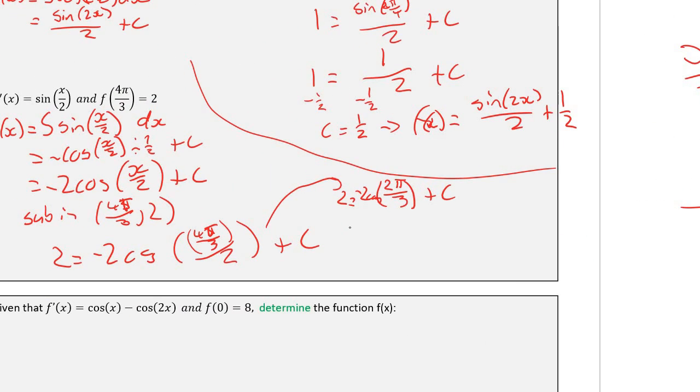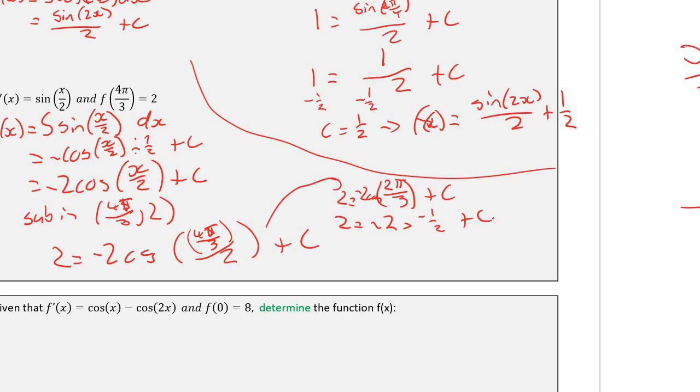So I can replace 2 equals negative 2 times negative 1/2 plus c. What's negative 2 times negative a half? Okay, let's bring this back to year 8. What's 2 times a half? So what's 2 times negative a half?